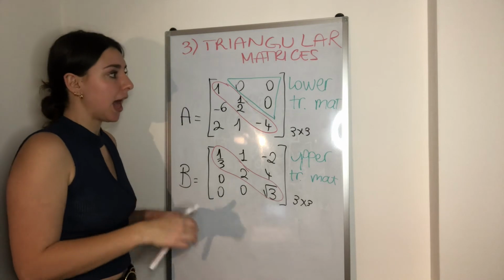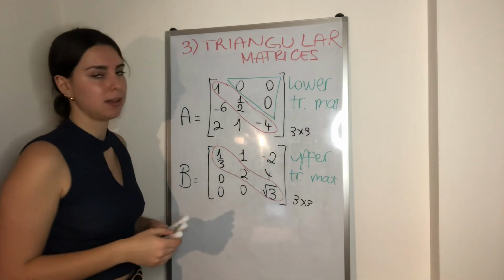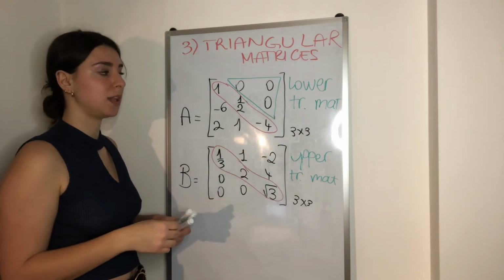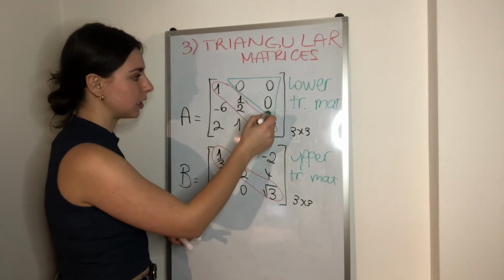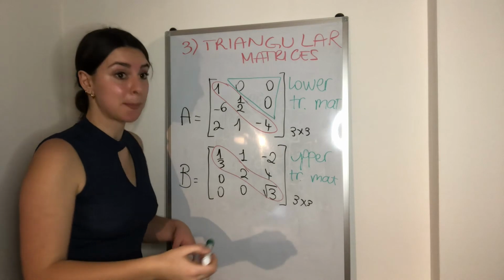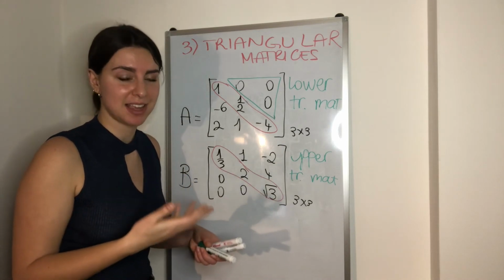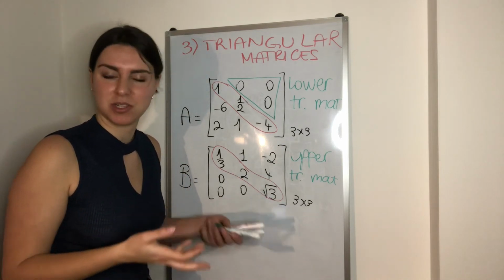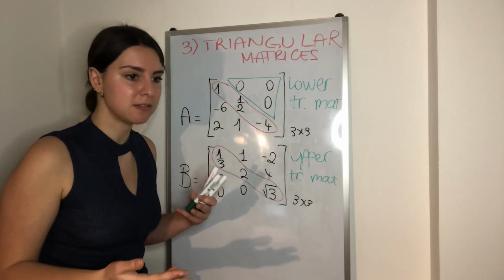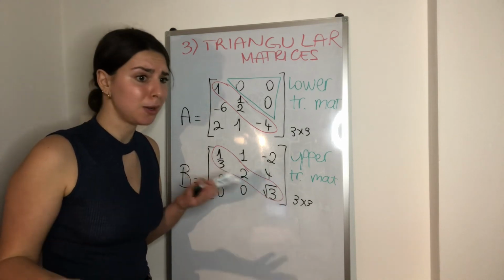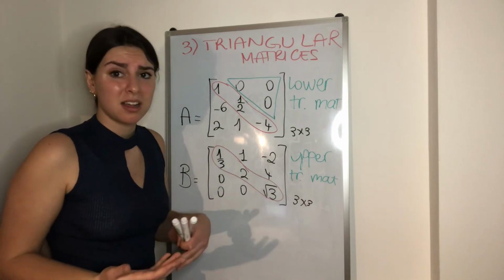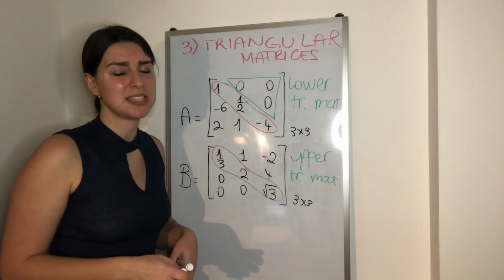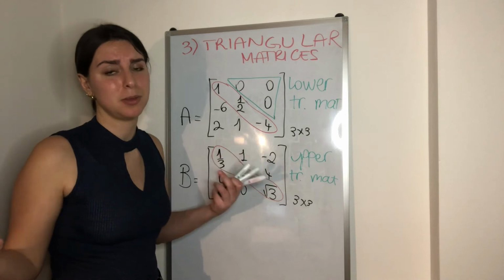So a lower triangular matrix will have zeros above the main diagonal. And that sounds counterintuitive, as lower you would think that the zeros are under the main diagonal. I don't know why they're doing that.